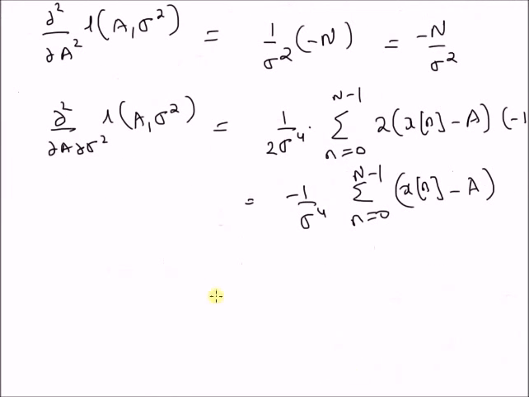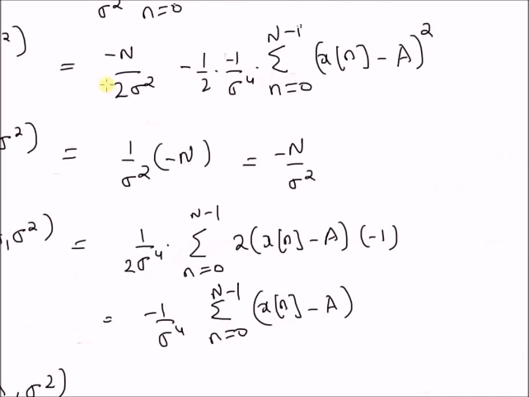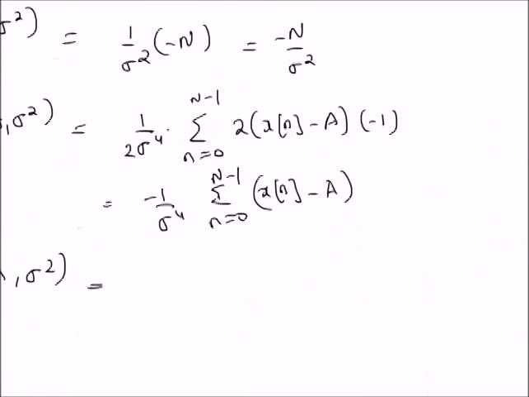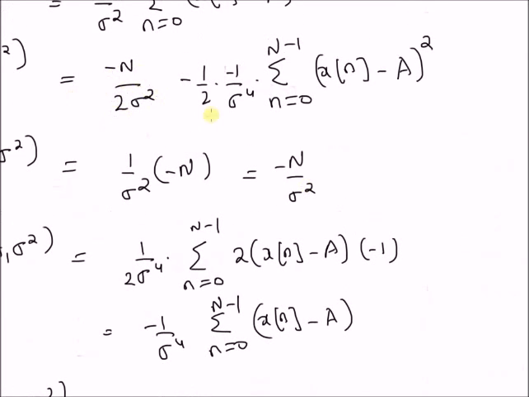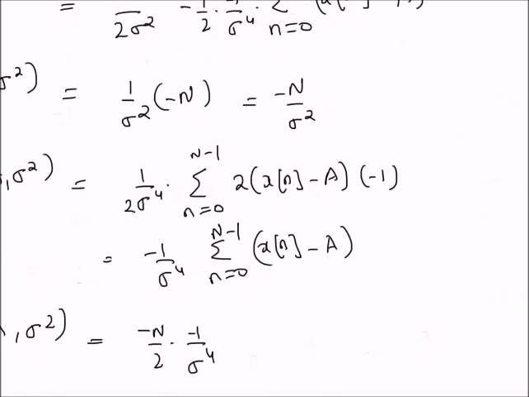And finally, the second derivative with respect to sigma square, that is dou square by dou sigma square square of the log likelihood function, is equal to the derivative of the next term here with respect to sigma square, which is clearly equal to minus n by 2 into minus 1 by sigma power 4, that is the derivative of this term, and then the derivative of 1 by sigma power 4, which is clearly minus 2 by sigma power 6.